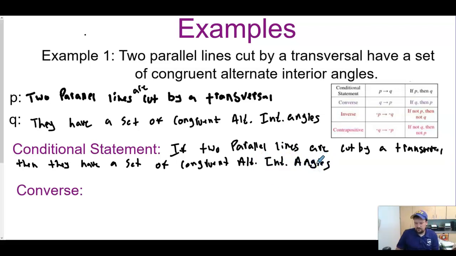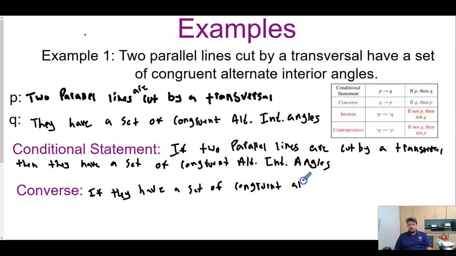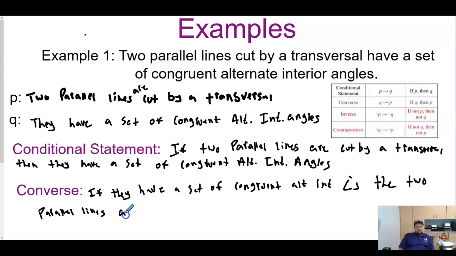Now the converse, we're just going to flip that. If they have a set of congruent alternate interior angles, I'm just going to abbreviate a little so we don't have to write all these out, then two parallel lines are cut by a transversal.